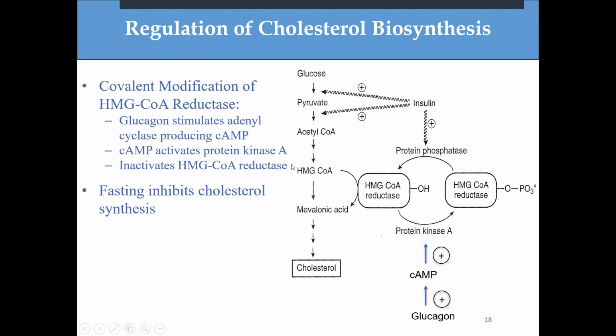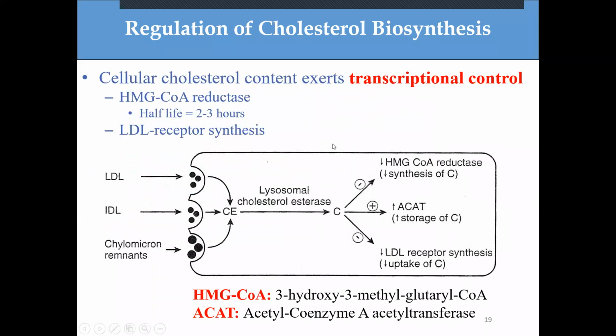Now, the reverse of that happens if you have low glucose. If you're fasting, you're going to have high glucagon, which will activate the enzyme protein kinase A. And so that's going to phosphorylate the reductase. So you're going to make less cholesterol, because if you don't have glucose, you don't want to be wasting the glucose that you do have on making cholesterol. All right? So that was one of the ways that we can control cholesterol synthesis.